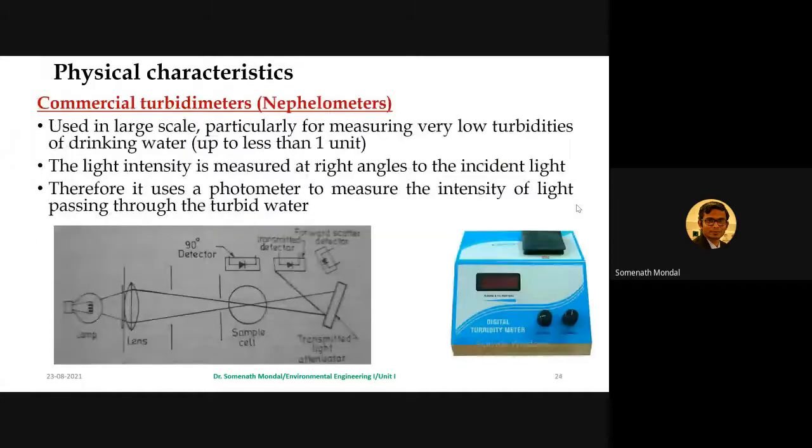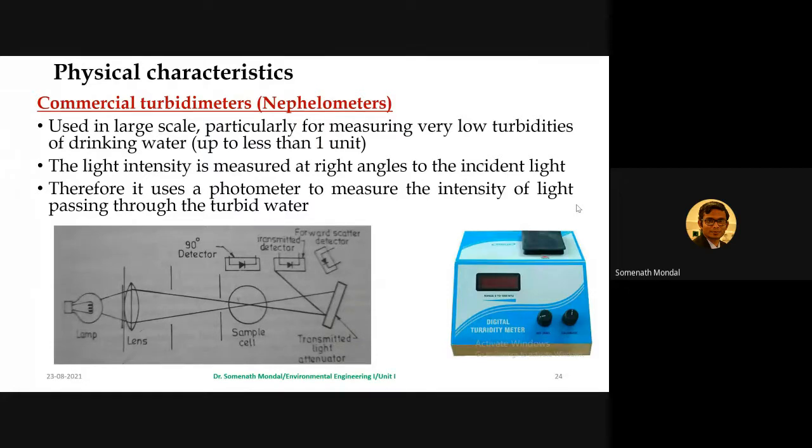Apart from this, we have some commercial turbidimeters which I was talking about. We can call them nephelometers, and they are used on a large scale, particularly in measuring very low turbidities of drinking water, less than 1 unit.